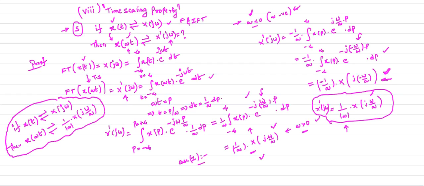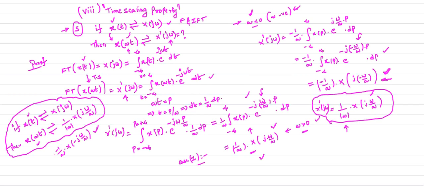This is the statement for the time scaling operation. The Fourier transform of x of t is X of j omega, so the Fourier transform of x of at is 1 by mod a X of j omega by a. If a is less than 0, we get minus 1 by a into X of minus j omega by a.